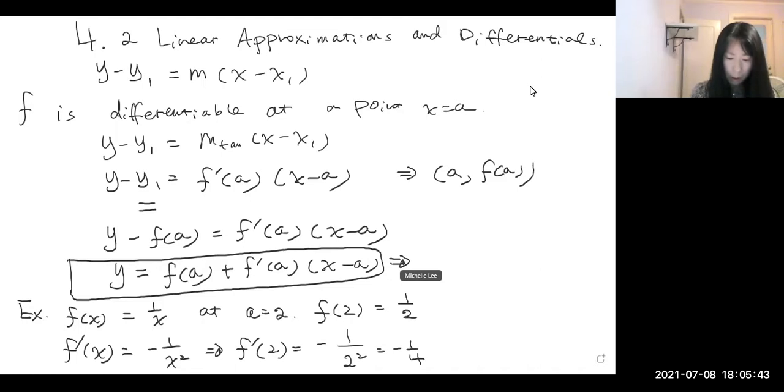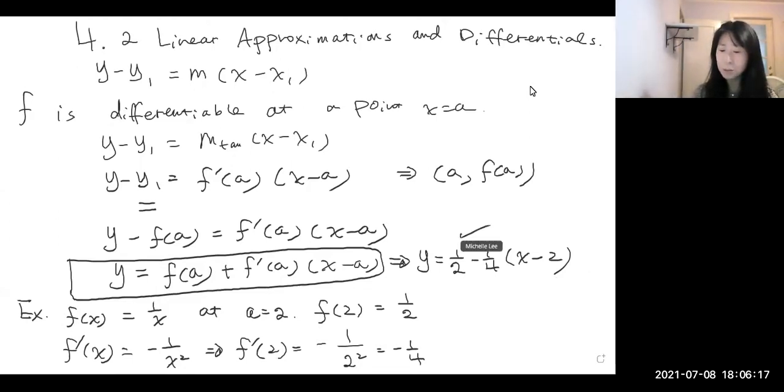Then this will be y equal to f of a, which is 1/2, plus f prime of a, which is negative 1/4, and then x minus a, where a equal to 2, right? Then we simplify this one and this one. Then normally we get the equation of a tangent line, right?